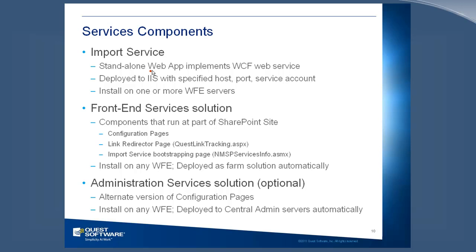So maybe SharePoint's on port 80 and you want to put this on some other port. I think we default to 8888, but you can change that to whatever you want. Or you could specify a host header, and so it could actually be on port 80, but with a different host name from SharePoint. Again, the SharePoint administrators typically know how to deal with these decisions. And then you specify the service account you want to use.